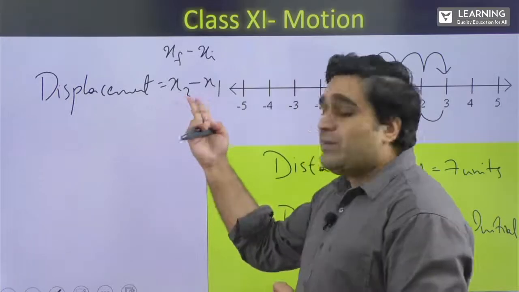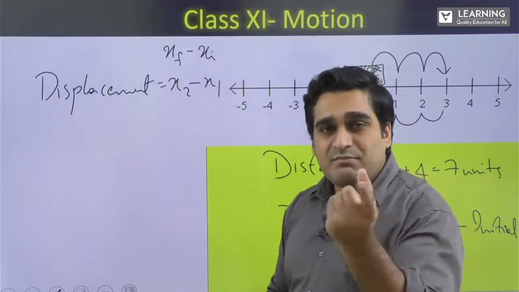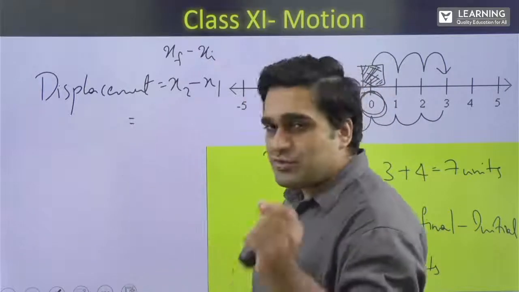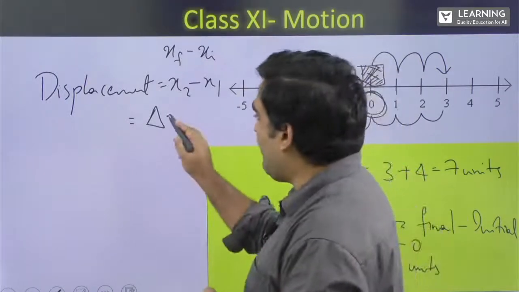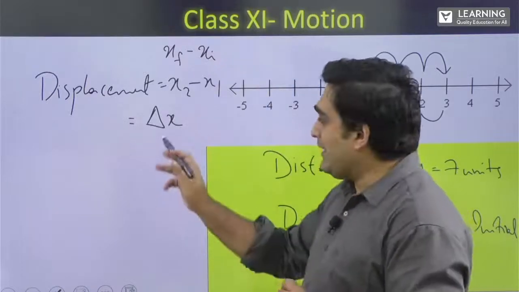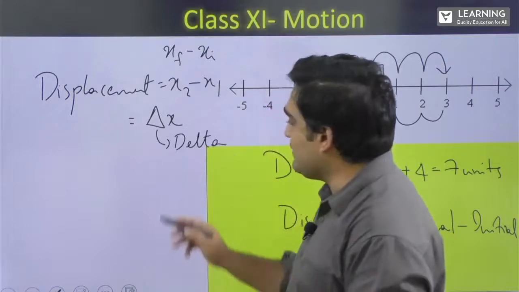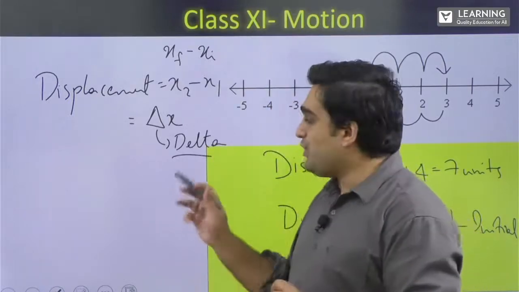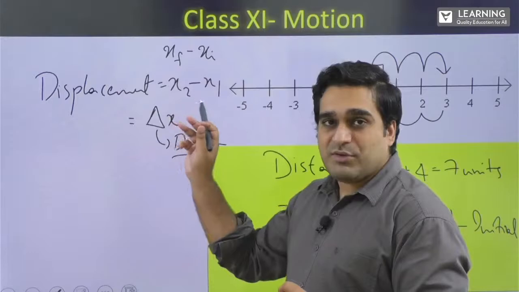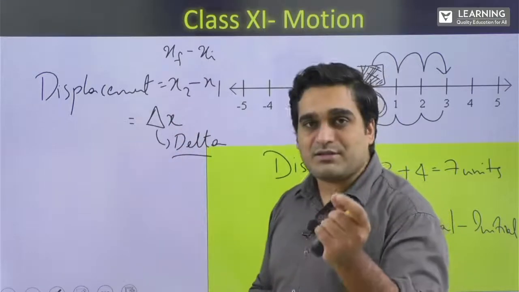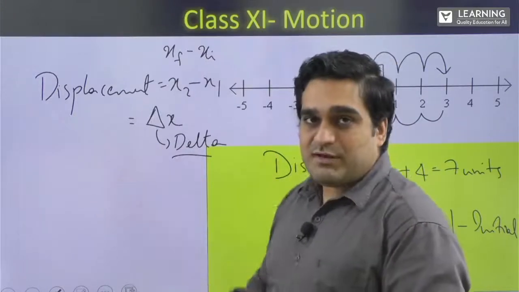But the difference between the two, the final minus the initial, is given by a short and sweet term, which is by using this symbol delta of x. Delta is a Greek letter which represents the difference. Do you see there's a difference between the two? So this delta represents the difference. So easy way to find displacement.